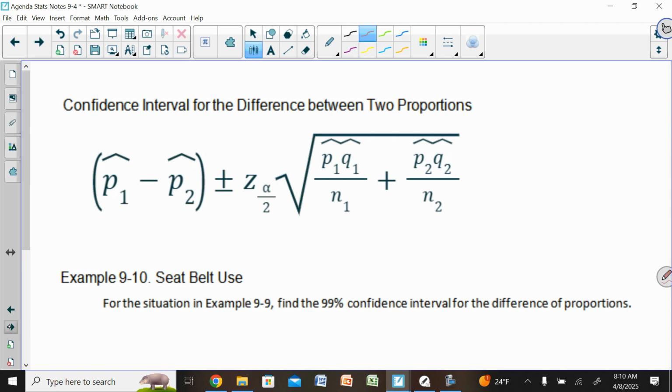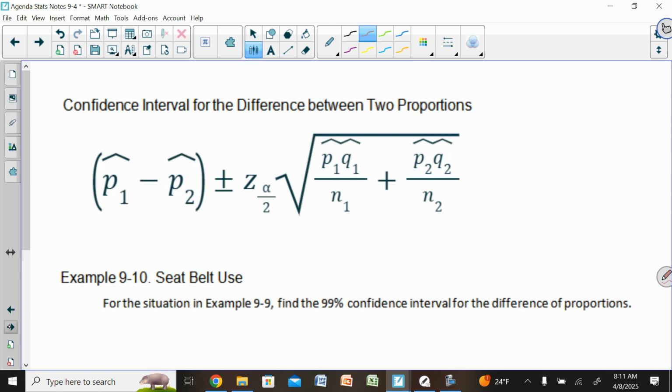We have not used q hat 1 in this problem yet, so we have to go back to our side math and do our 1 minus 0.65. And then that's plus p hat 2, q hat 2 all over n2. So we've got to go to our p hat 2 and do our subtraction there. And I believe that would be like a 0.79 or something like that for my q hat 2.